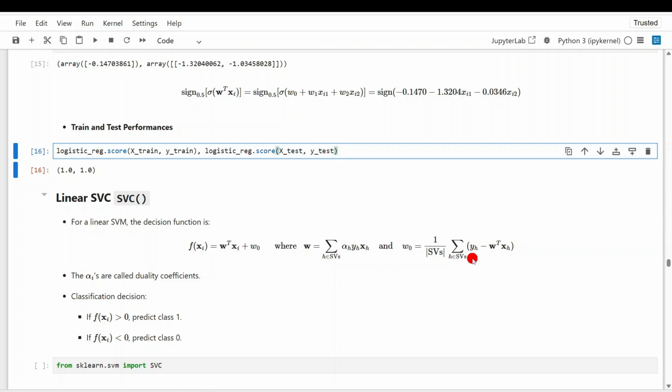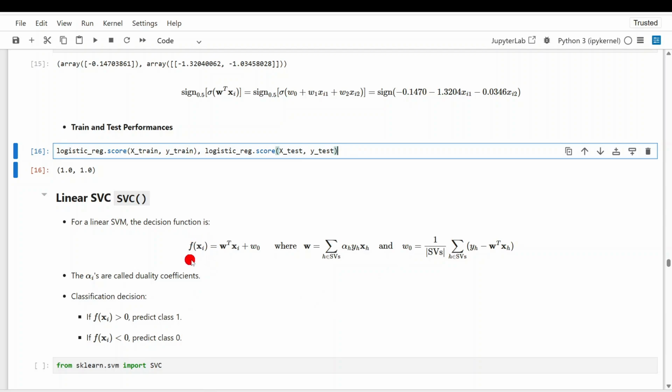Here we have yh minus w transpose xh, h an element of the support vectors, and 1 over SVS is nothing but 1 over the number of support vectors. Therefore, those points which are support vectors have a contribution in estimating these parameters w and w naught.